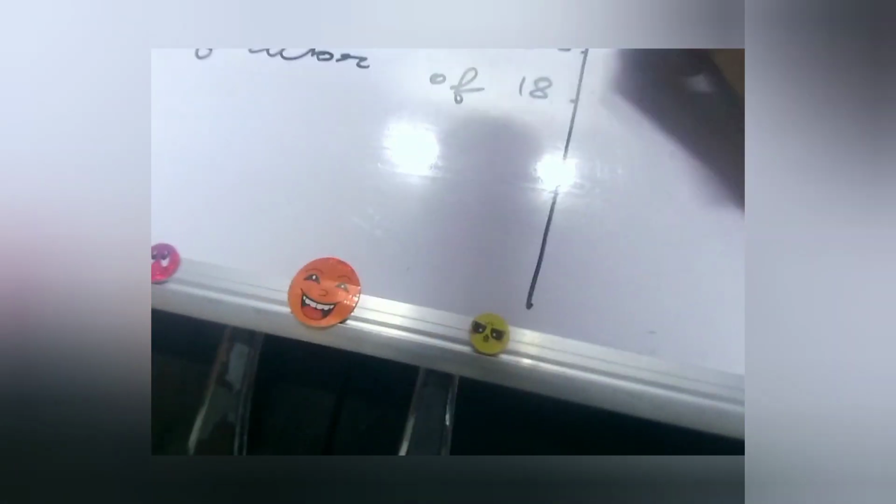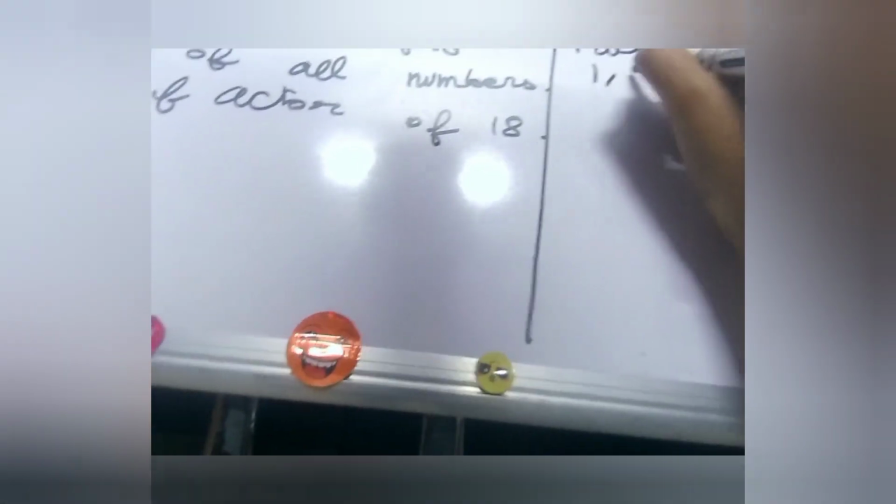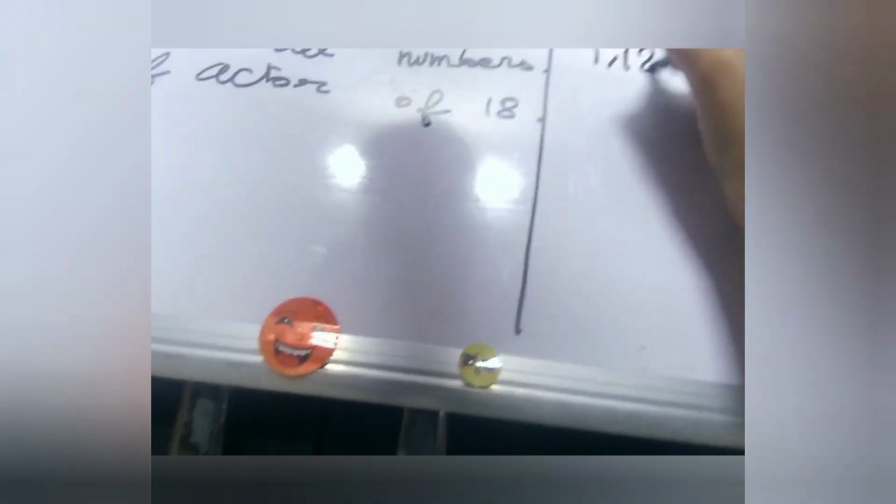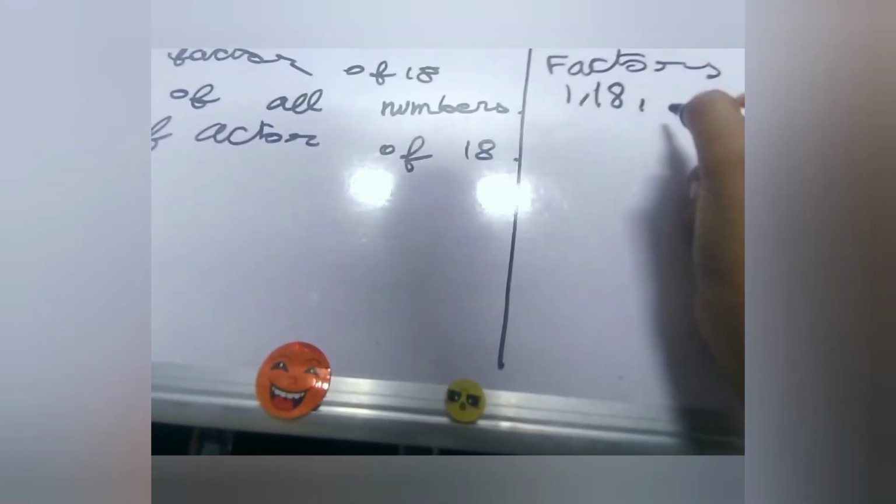So factors of 18 are 1. First you got to write 1, then the number itself, 18. Then 18 is an even number.